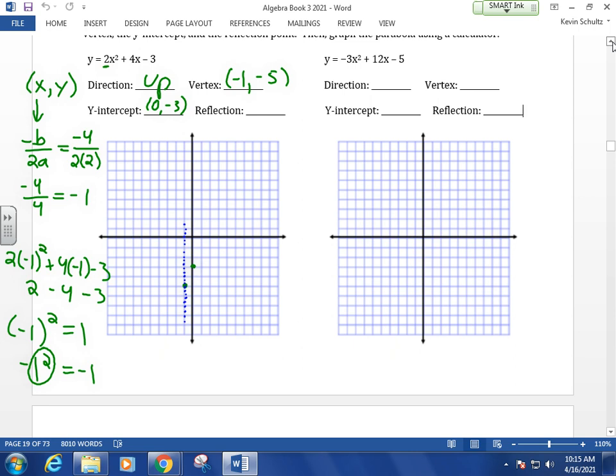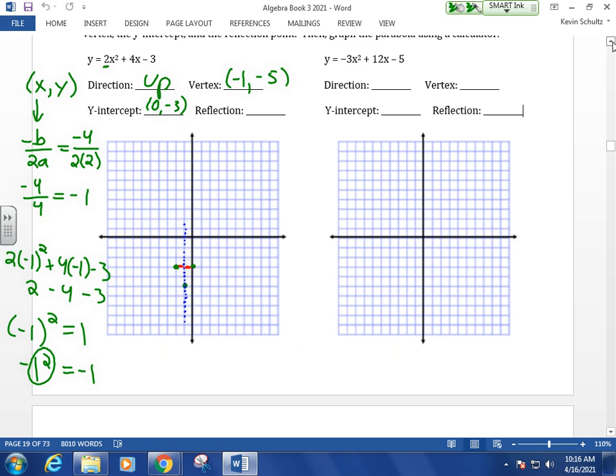So if the y-intercept is 1 unit away on the right side, our reflection point will be 1 unit away on the left side, right? That's what gives the parabola that symmetry. So that's where our point is going to be.